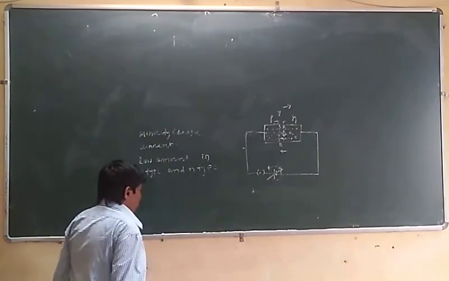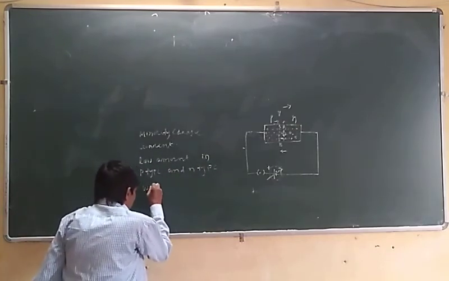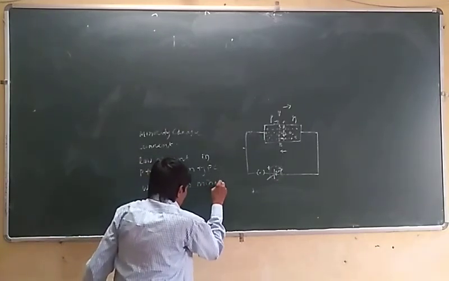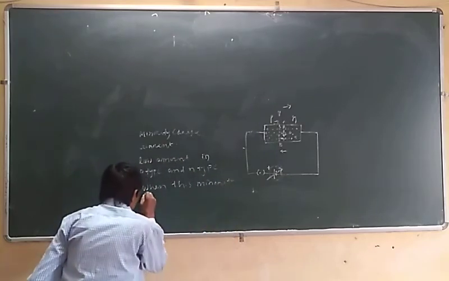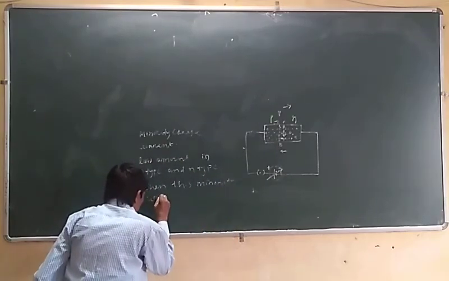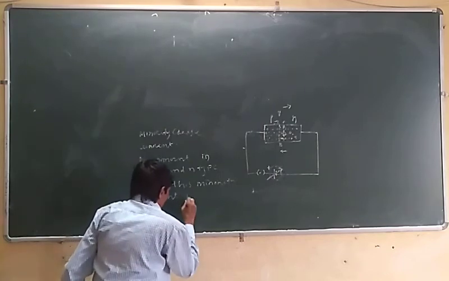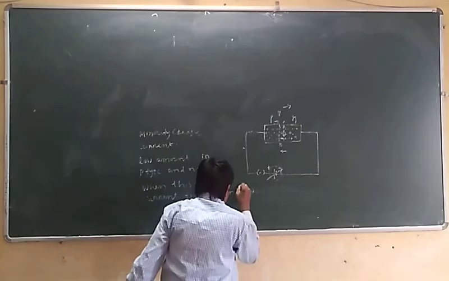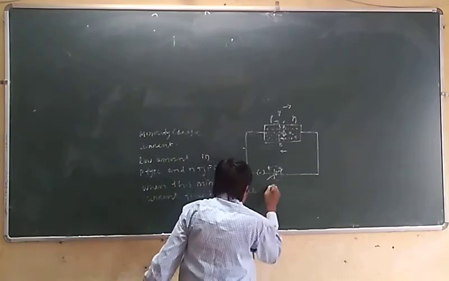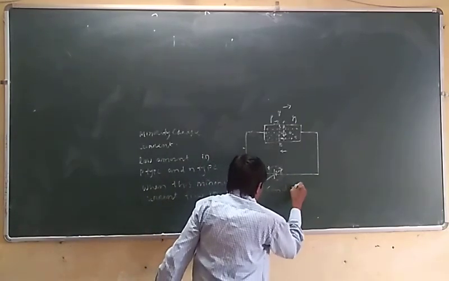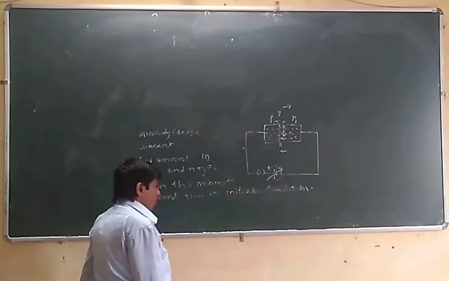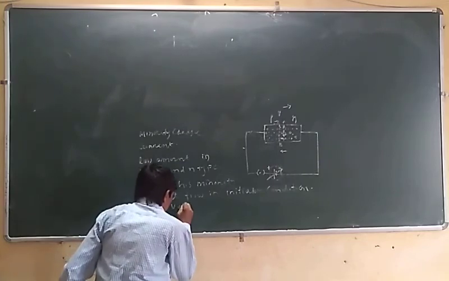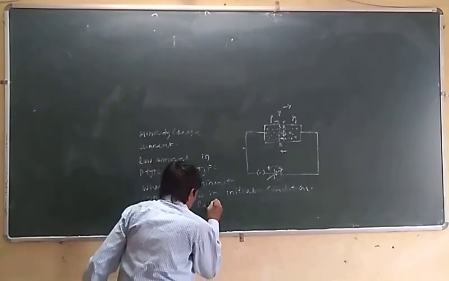So this current is the minority current flowing in the initial condition. This is a very low amount.